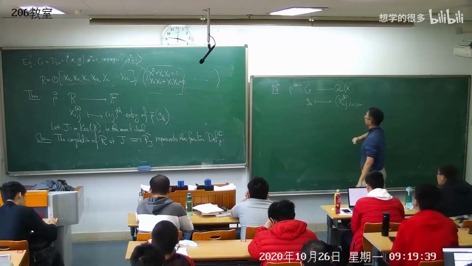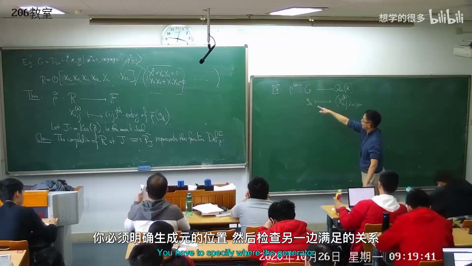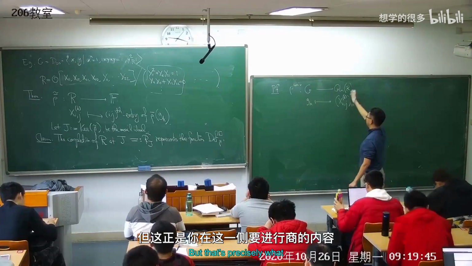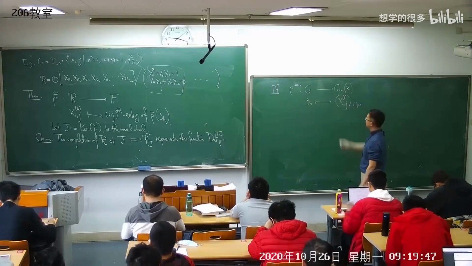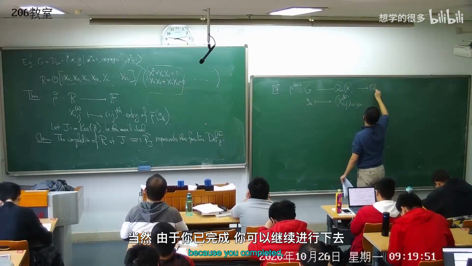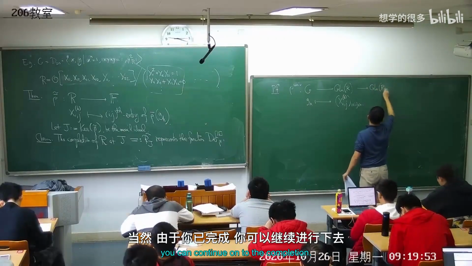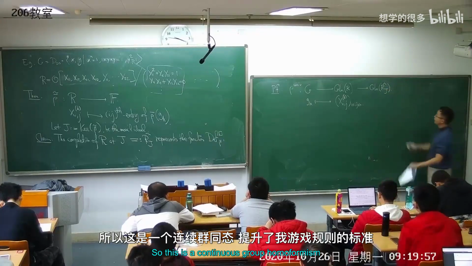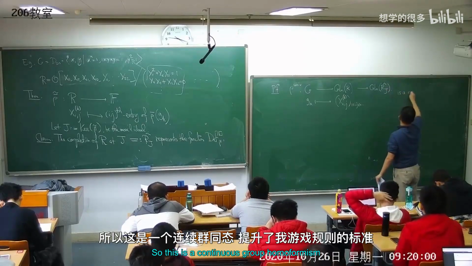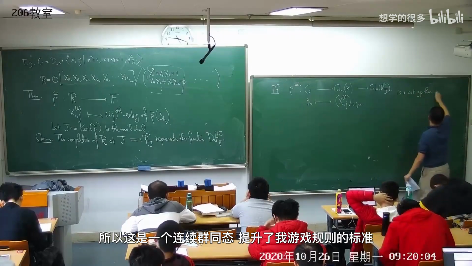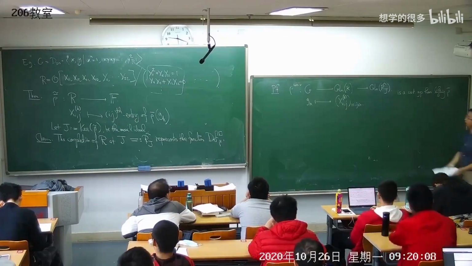Then you have to check the relations are met on the other side, but that's precisely what you quotient out by on this side. So you get a universal representation. And because you completed, you can continue on to the completion. So this is a continuous group homomorphism lifting my given rho bar.